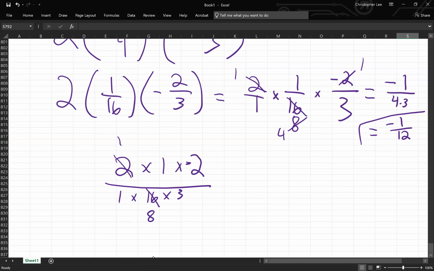But then I have another 2 on top and I can do the same thing to the 8 this time. So 2 goes into negative 2, negative 1 times, and then 2 goes into 8 4 times. And then after that, just multiply straight across. I have 1 times 1 times negative 1 over 1 times 4 times 3.